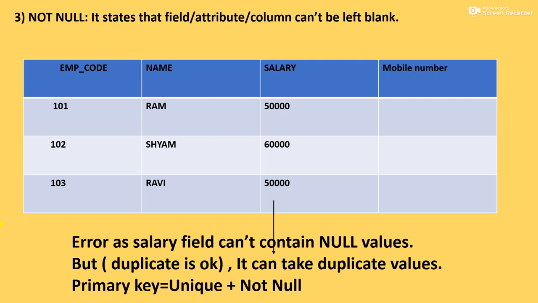We will discuss how we can create table student. So the error is the salary field can't contain null value. If I give not null constraint on salary and leave it empty, if I have not written this 50,000, definitely it will give me the error. But duplicates are fine, 50,000 and 50,000 will work, but you cannot leave it empty. Not null means you will not make this column empty.